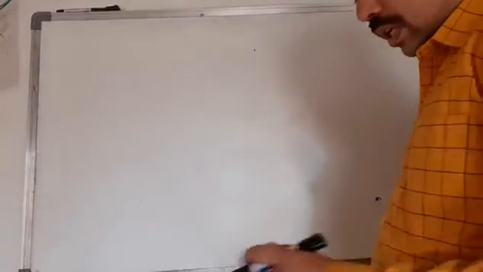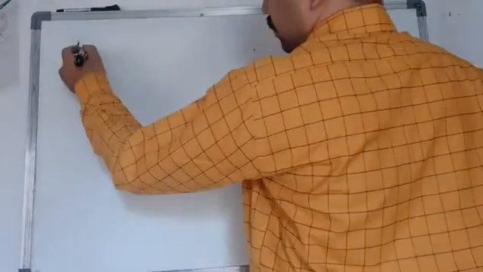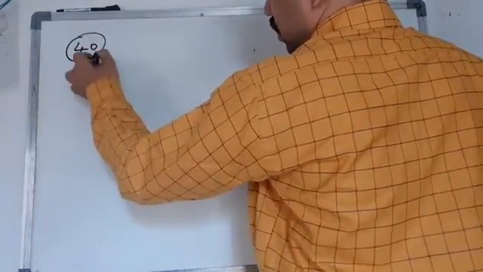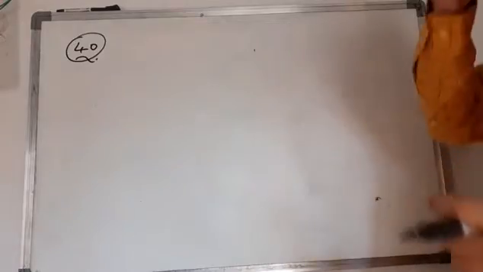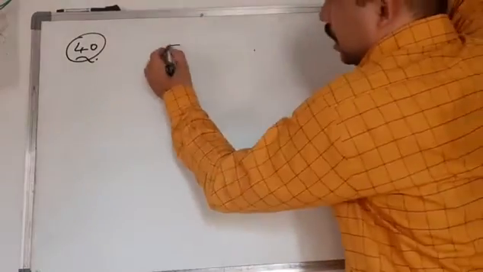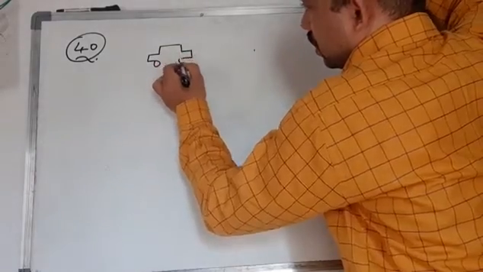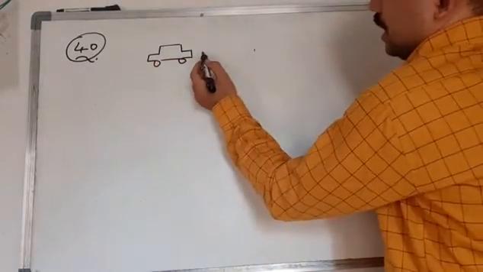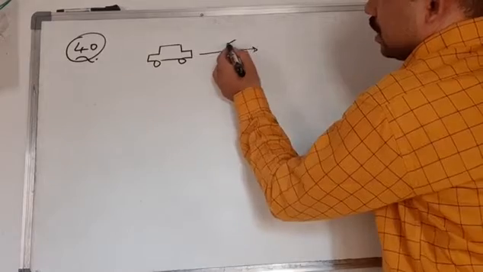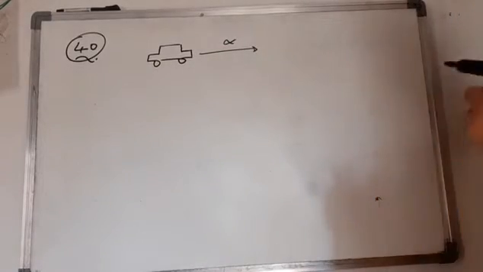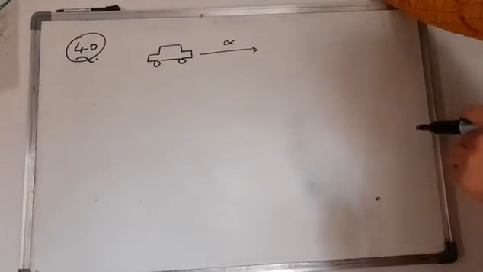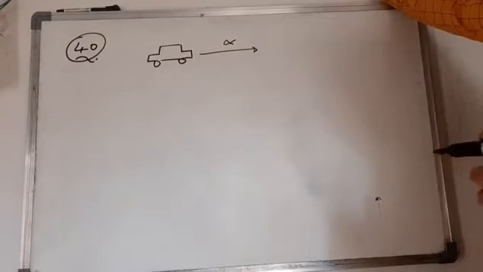Yes. So 40th question is like this. There is a car. It is accelerating with alpha meter per second square.